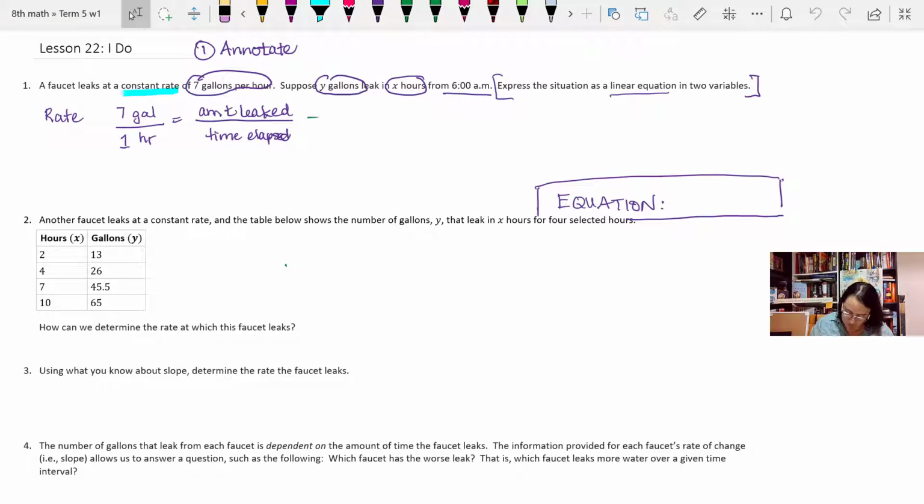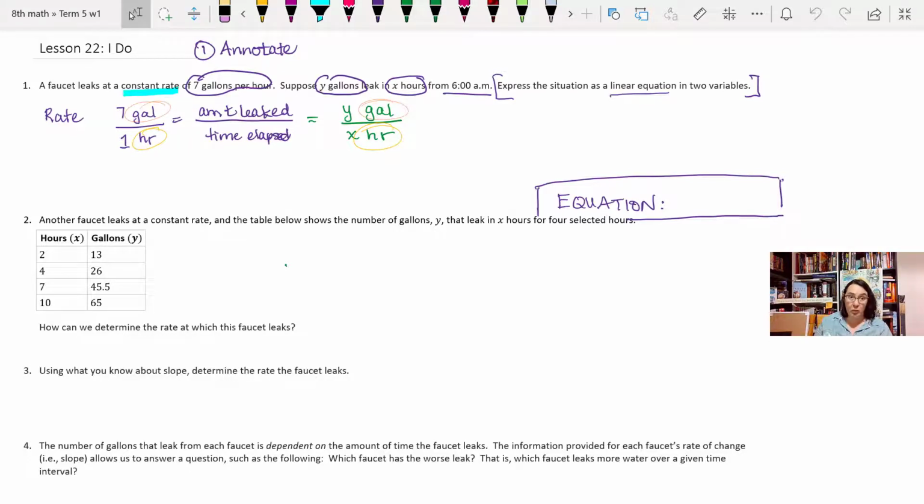So I'm going to set this equal to Y gallons over X hours. And notice that all of the places where I've written this out, I've got gallons in the numerator and hours in the denominator. I want that to be consistent because that's what's making these ratios be equal.